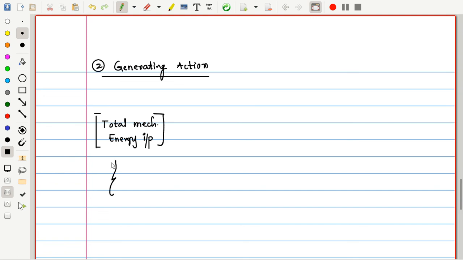From the prime mover, and I already told you what a prime mover is. Clear? So this mechanical energy is going to be converted in the case of the generator, and the output energy is electrical energy. This is the output.